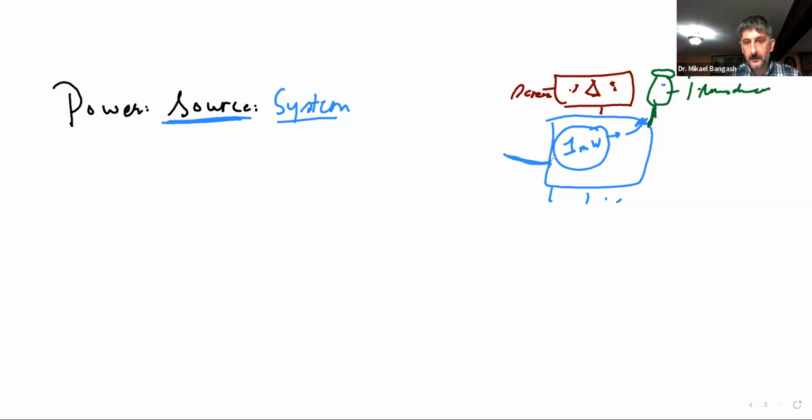Well, your ultrasound machine is going to be running on electrical energy, because it's attached to an electrical circuit, where electrical energy goes to the system.